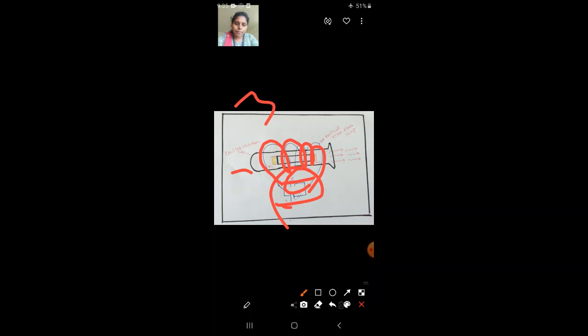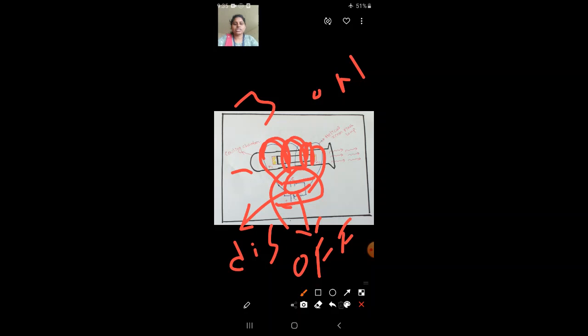In this capacitance, we have discharge. When the overall system is in the on state, the capacitance is discharged. When the system is in the off state, the capacitance is charged.